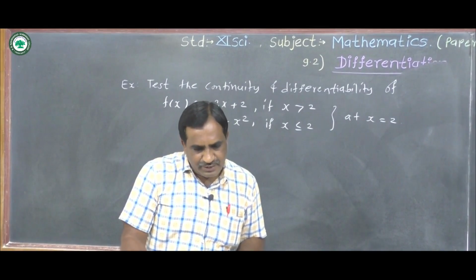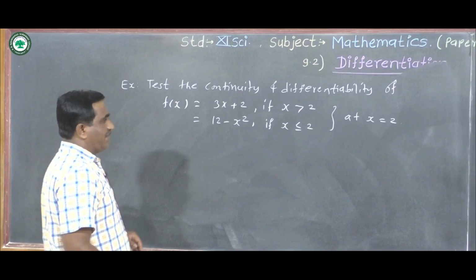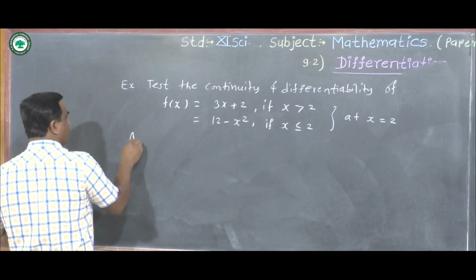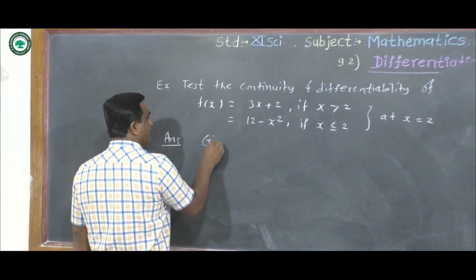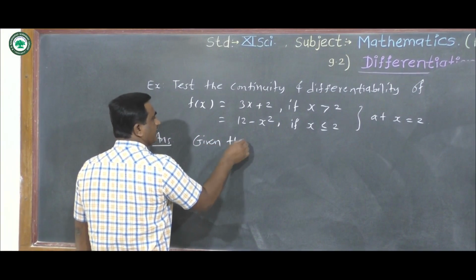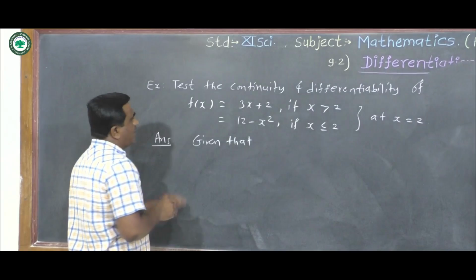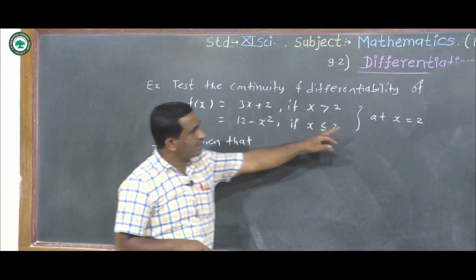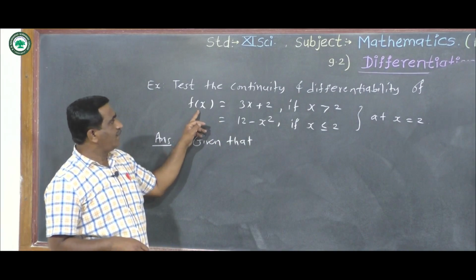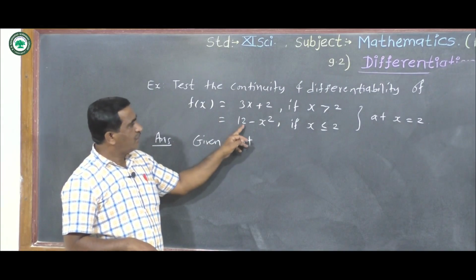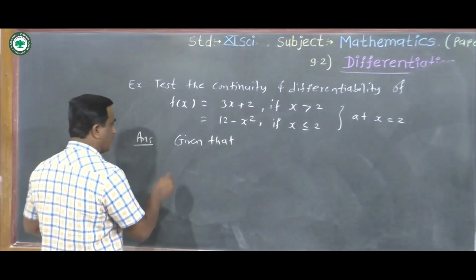Now first we see here for differentiability. Answer for this example: given that function f of x at x equal to 2, here x is equal to 2, at that time the value of f of x is 12 minus x square.